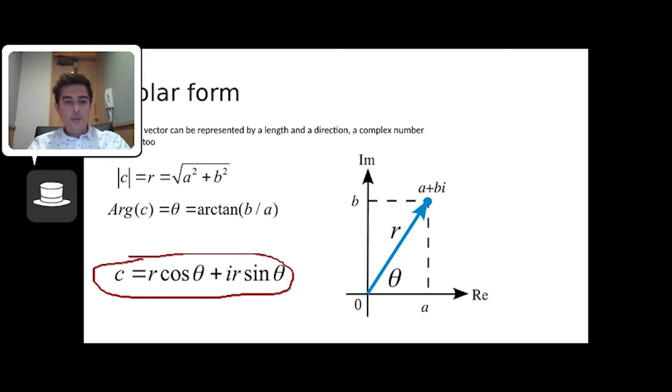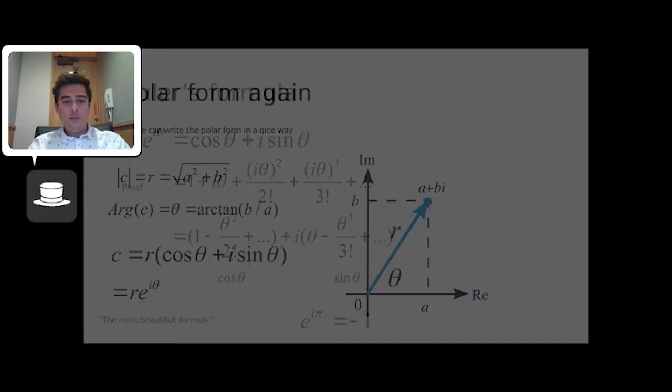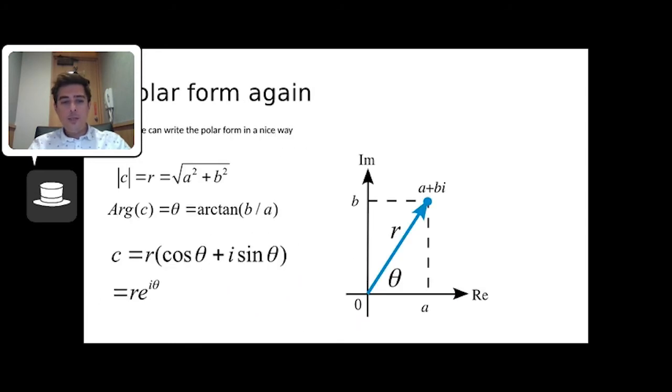And this relation with Euler's formula means we can rewrite this so that any complex number can be written as the product of r, which is the radius of the complex number, times e to the i theta, which is called the phase of the complex number.